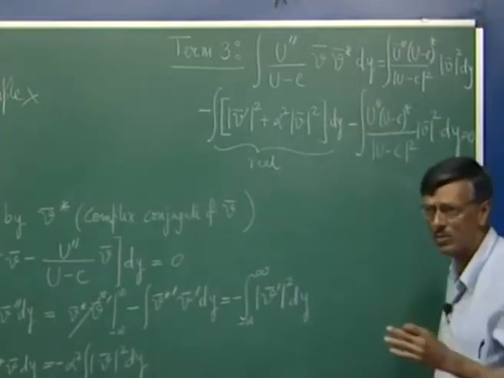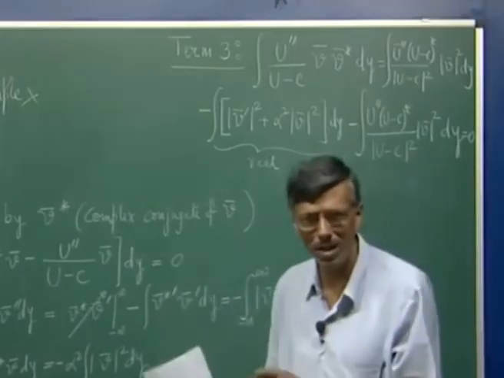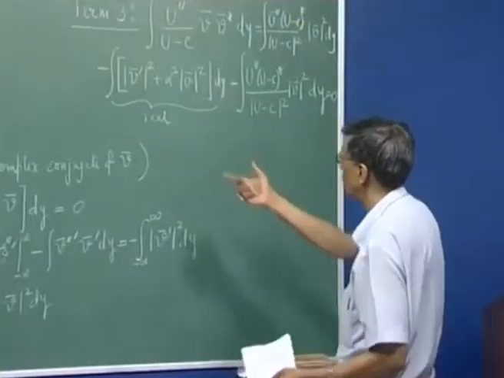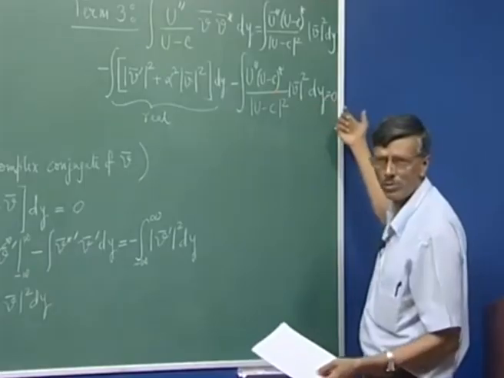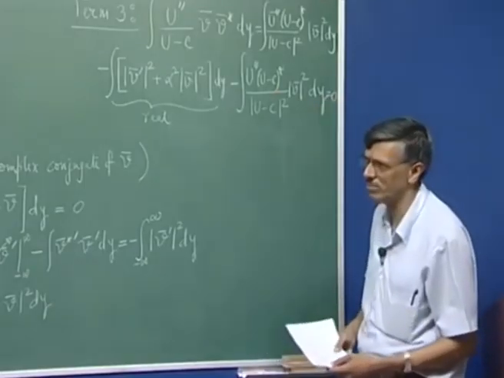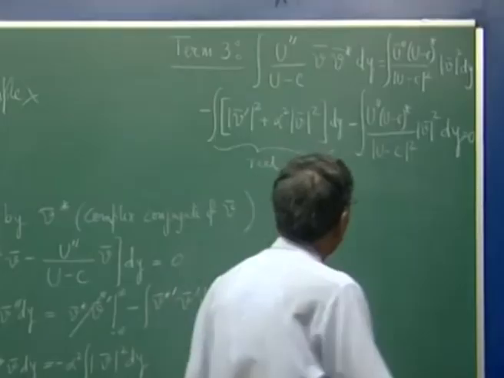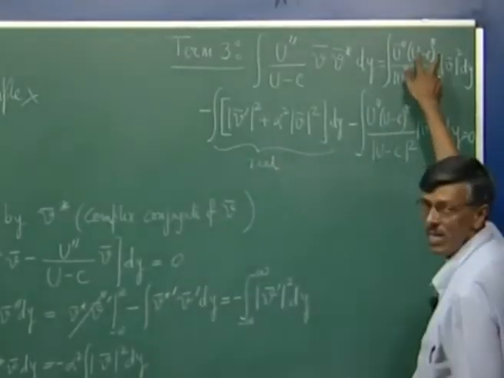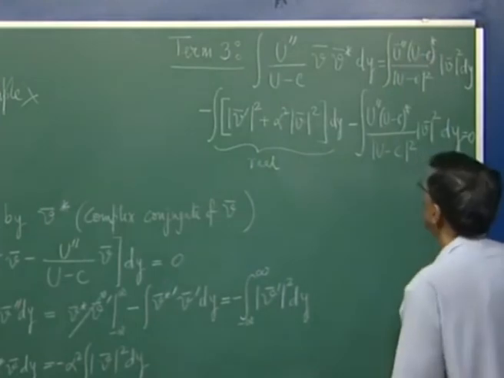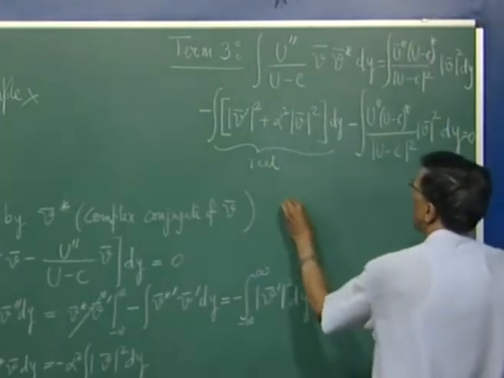So, I can split it into a real part and an imaginary part. The real part will go with this. What happens to the imaginary part of this equation? That is what is written on your transparency here, 14. The imaginary part is this, right. Because u minus c, the conjugate, is what?